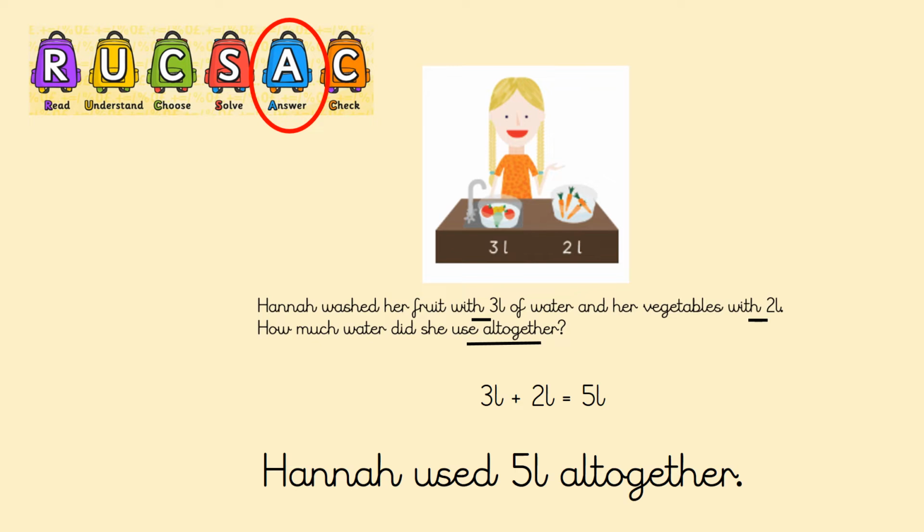If we added 3 litres plus 2 litres and got 5 centimetres of water, we'd be in a bit of trouble. Or if we added 3 litres plus 2 litres and got 5 kittens of water, we'd be in trouble. But how much water? We got 5 litres. We got a volume answer, so it's the right kind of answer.